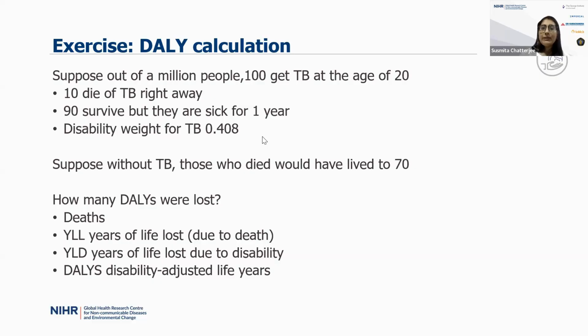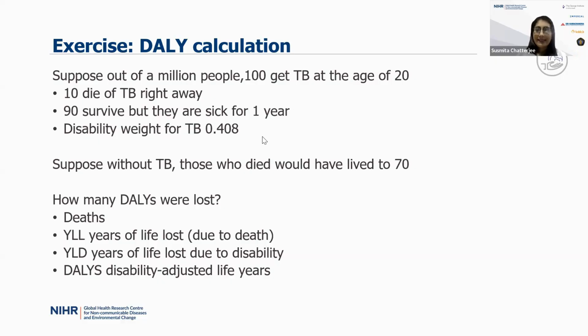So how many years am I supposed to live? Suppose I'm 20 years now and my life expectancy is 70 years. So how many extra years am I supposed to live if I don't suffer from TB? 50 years. That's right. So I have TB at the age of 20. I was supposed to live up to 70 years, but I die.